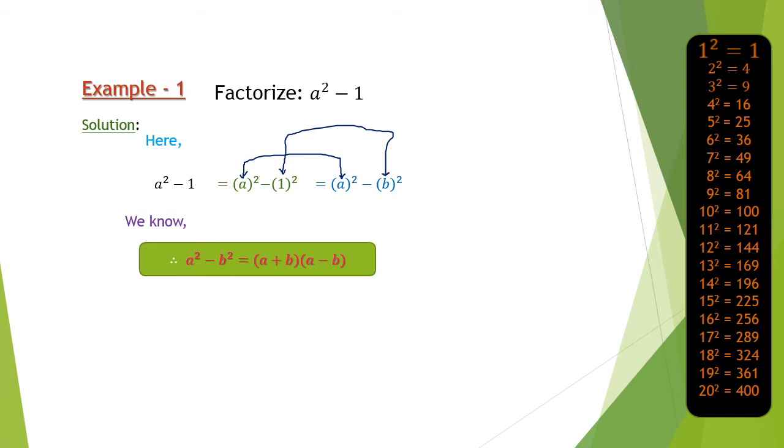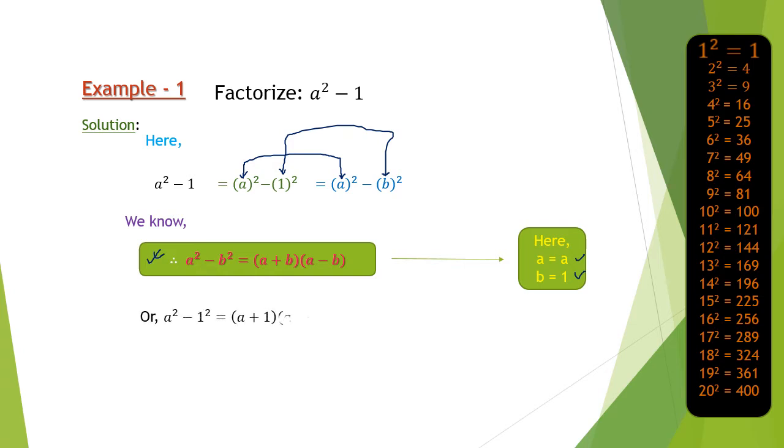So we have to replace in this formula, right here. We have to replace a by a, so there won't be any replacement, but b will be 1. Now let's see the replacement. It is the confirmation that a is a and b is 1.